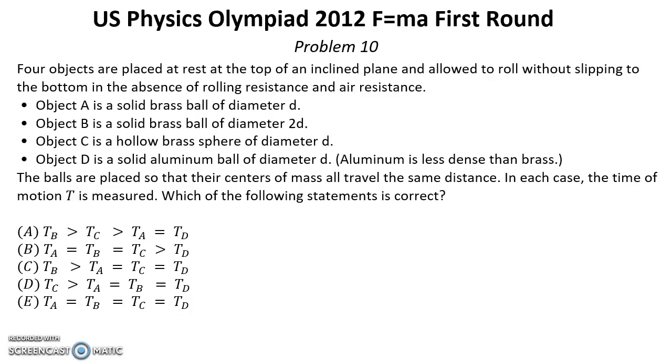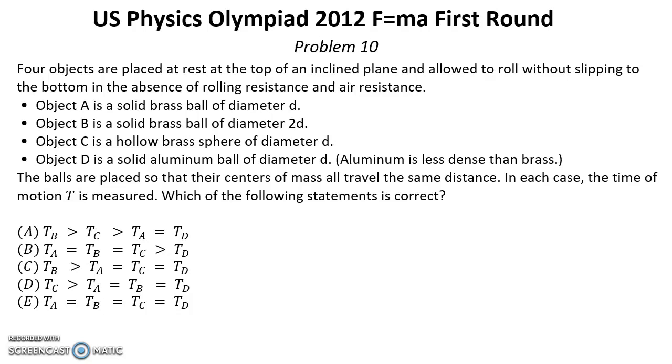Object C is a hollow brass sphere of diameter d. Object D is a solid aluminium ball of diameter d. Aluminium is less dense than brass. The balls are placed so that their centers of mass all travel the same distance. In each case, the time of motion t is measured. Which of the following statements is correct?